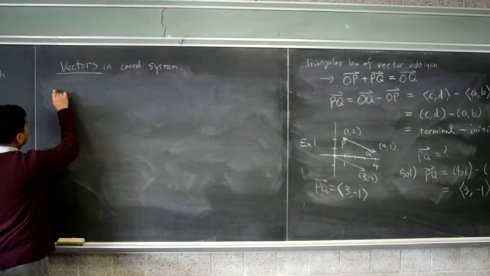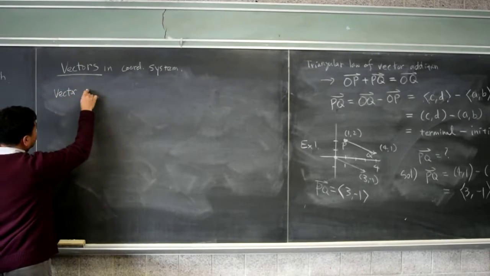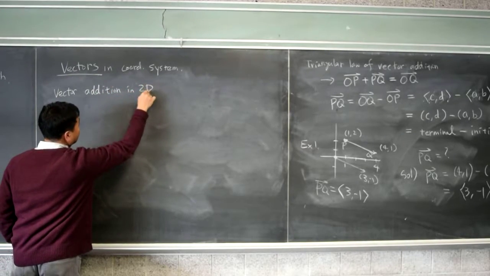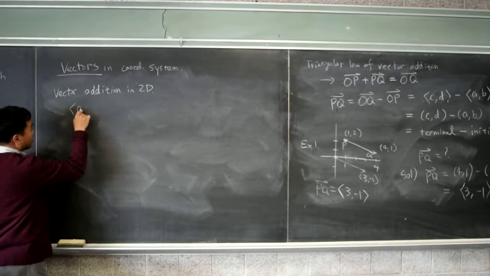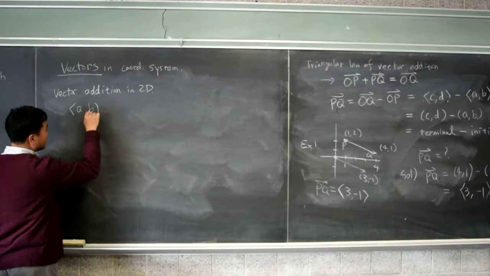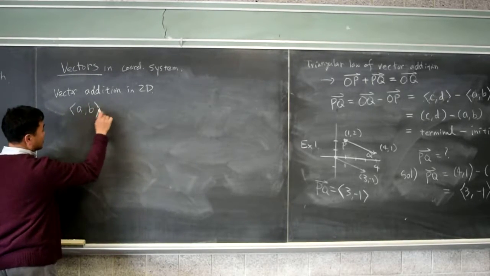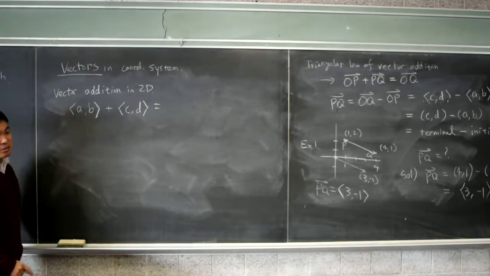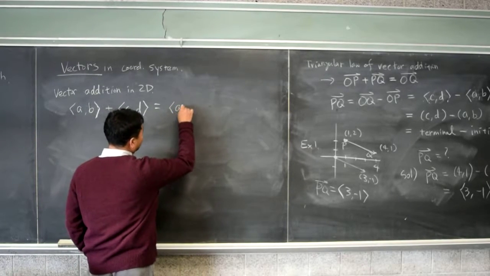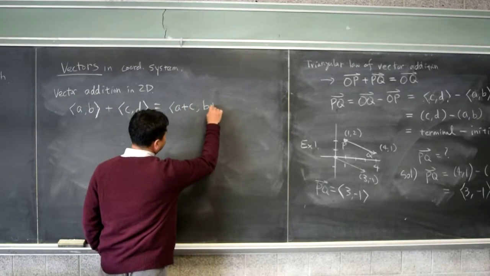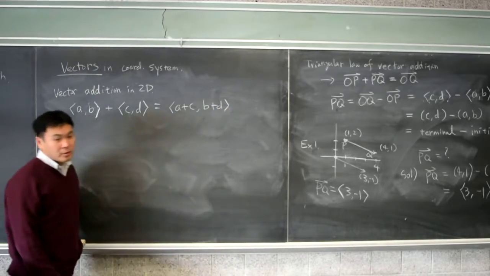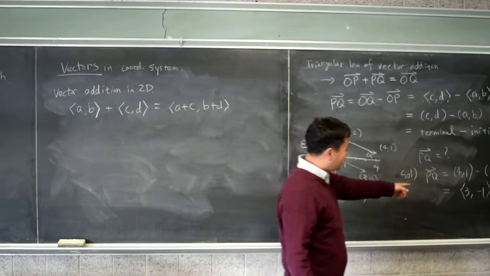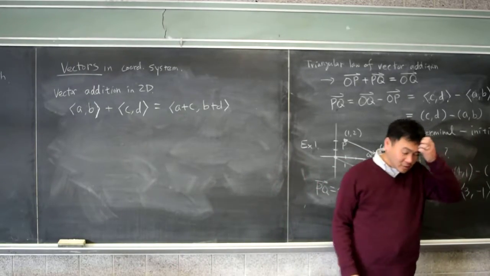Okay. Now, vector addition in 2D. If you have a vector A, B, and C, D, adding just means it's a coordinate-wise addition. And in fact, that's what I have done here. It's a coordinate-wise subtraction.